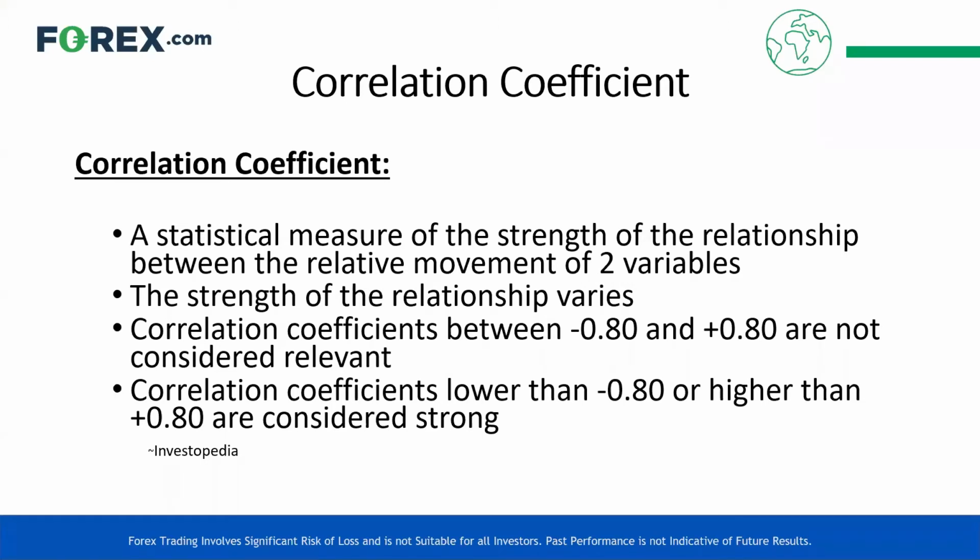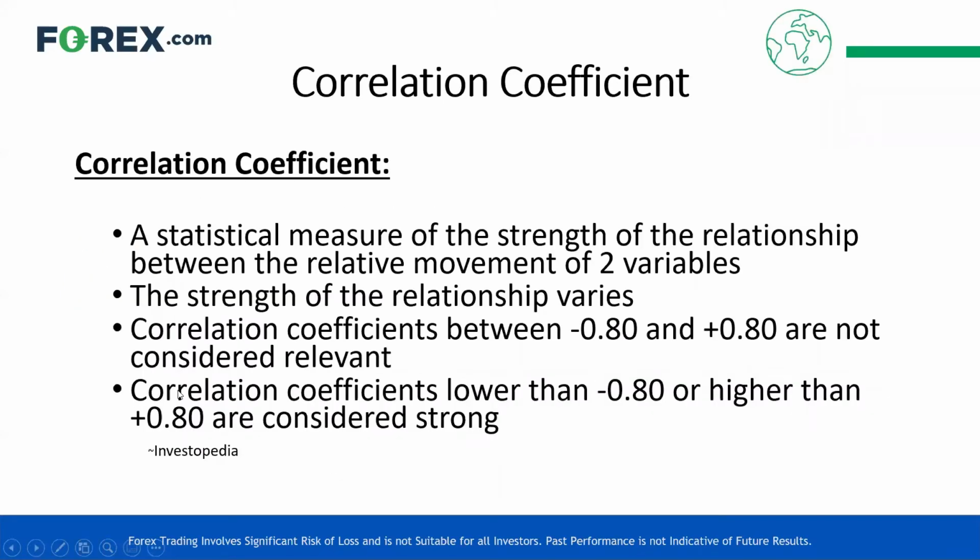What you're looking for is readings below -0.8, or readings above +0.8. Anything in between won't help you, because below -0.8 or above +0.8 are considered strong. They're joined at the hip.